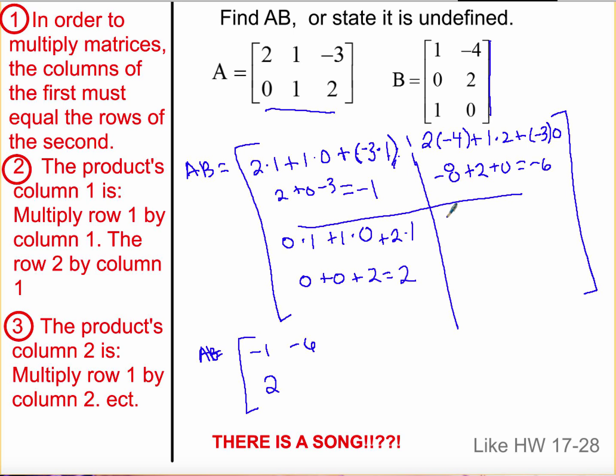So 0, first position, times negative 4, first position, plus 1, second position, times 2, plus 2, third position, times 0. 0 times negative 4 is 0. 1 times 2 is 2. And 2 times 0 is 0. All I've got here is 2. That completes my product. I'm done.